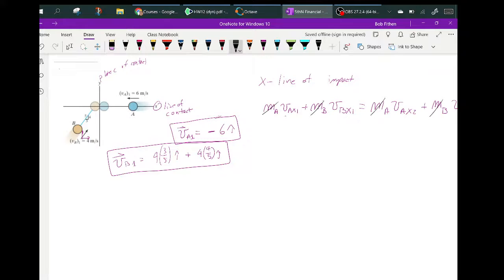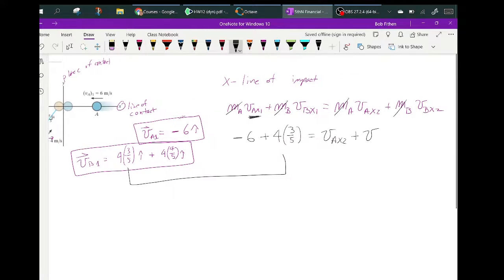And then I can say, what is VAX1 minus 6 plus VBX1, 4 times 3/5, equals to VAX2 plus VBX2. Pretty much it. So let me go ahead.